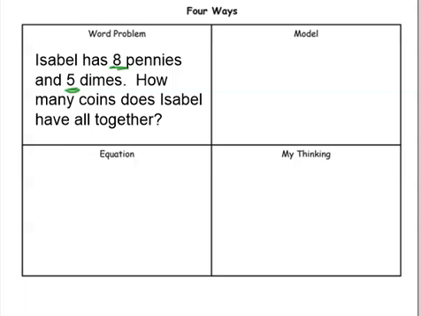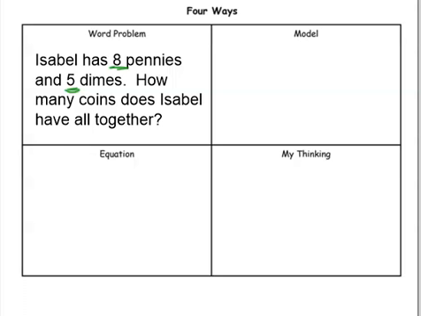Okay, so next we're going to reread the problem, but this time we're going to reread it with the numbers, and we're going to think about what do those numbers mean. Okay, so Isabel has 8 pennies and 5 dimes. How many coins does Isabel have altogether?